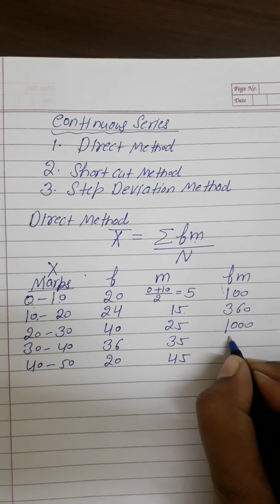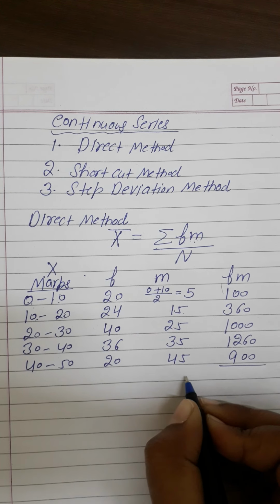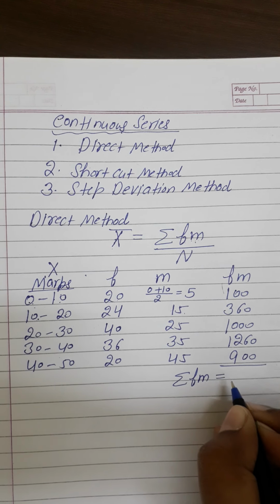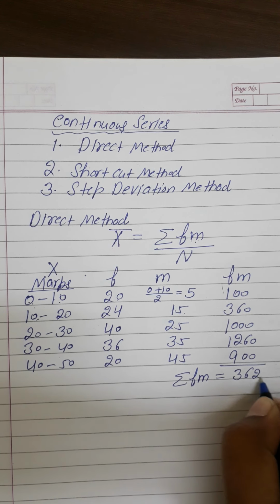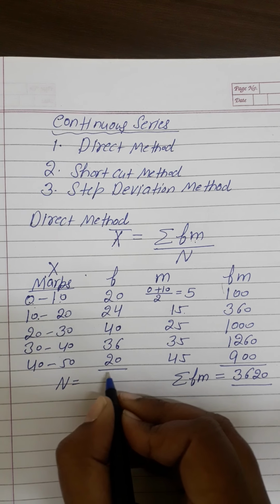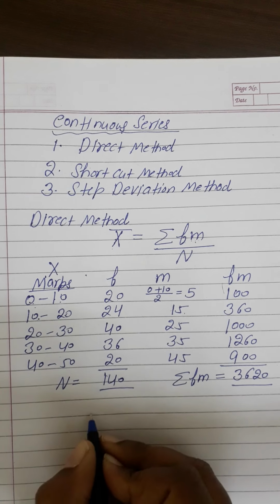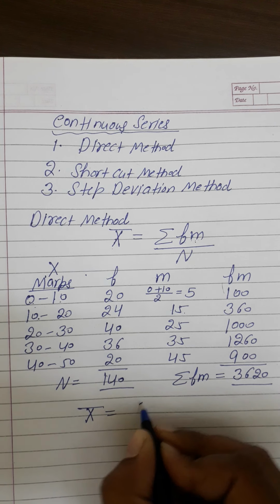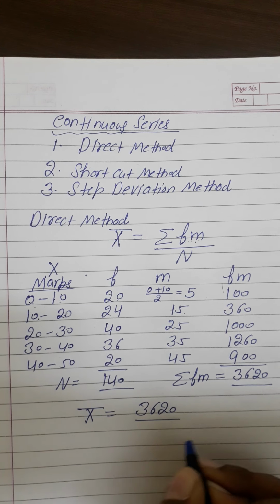1000, 1260, 900. And the total summation, total और summation एक ही बात है, summation of f means 3620, and n is equal to summation of frequency, that is 140, and the value of arithmetic mean will be summation fm, that is 3620 divided by n.